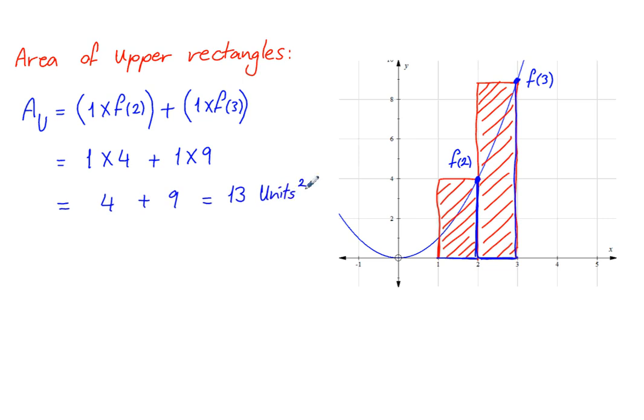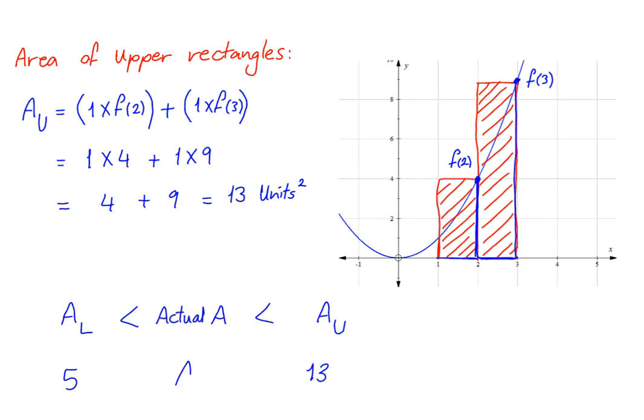squared. So what we have here is that previously we calculated the area of lower rectangles and it was 5 units squared. We calculated now the area of upper rectangles and it was 13 units squared. So now we can estimate that the actual area of the section under the curve should lie between the area of the lower rectangles and the area of upper rectangles.